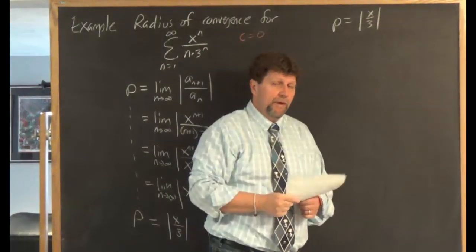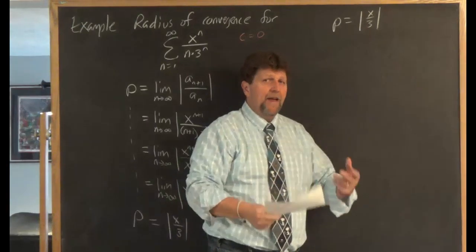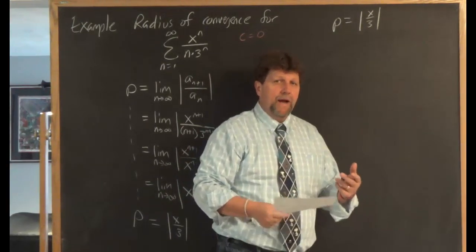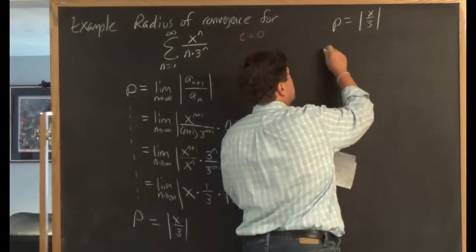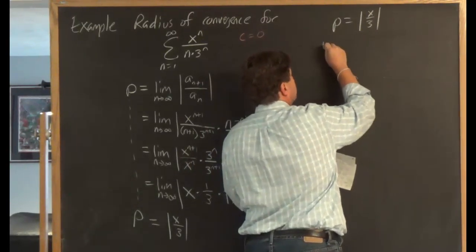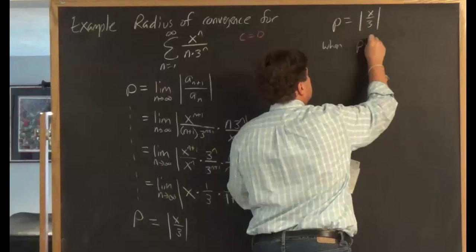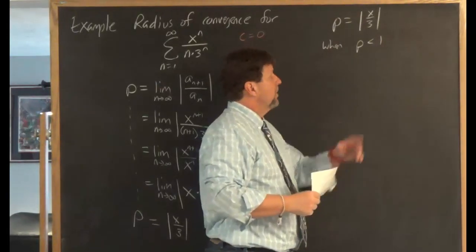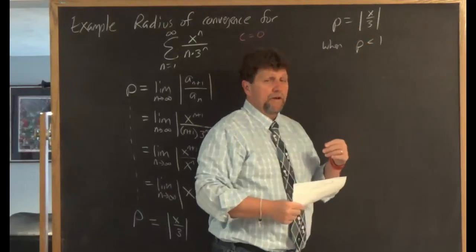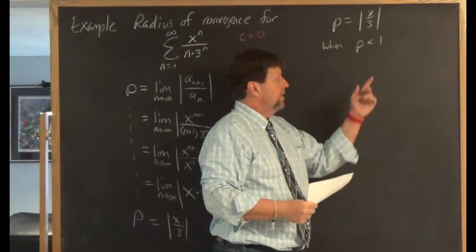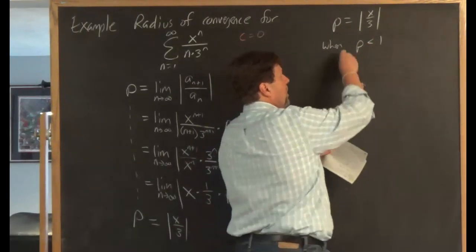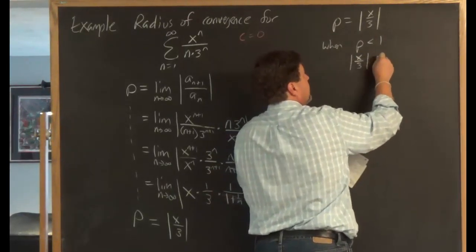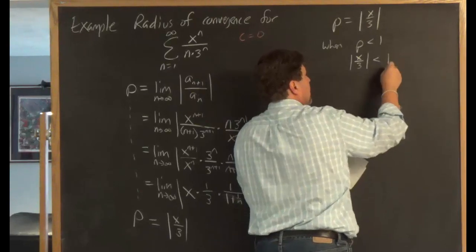And what do we know from the ratio test? When do we have absolute convergence? That's right, we have absolute convergence when p is less than 1. Well, if p is absolute value of x over 3, that gives us, we have convergence when absolute value of x over 3 is less than 1.